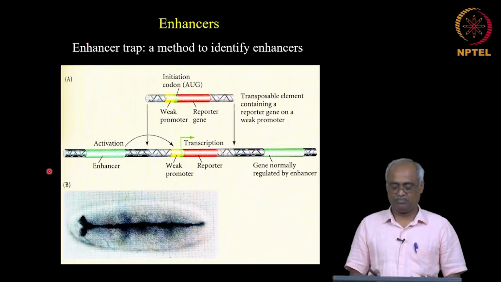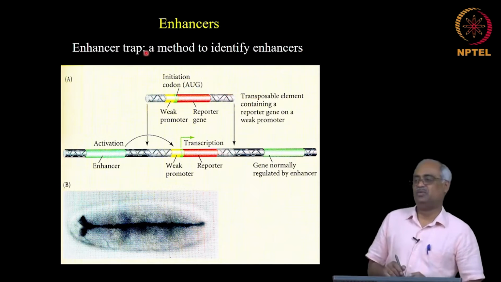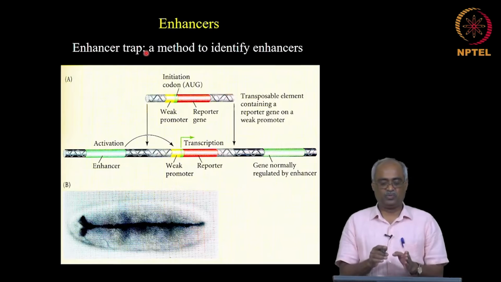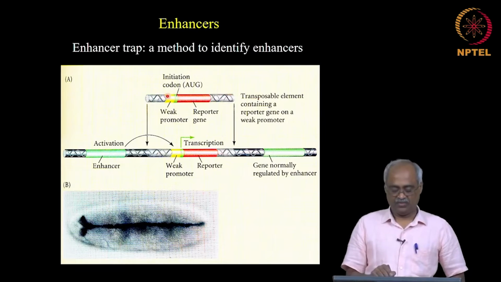Okay. There are many ways by which one identifies enhancers, and here is just one, easy to understand and very powerful, historically very useful technique called enhancer trap. So, what you are actually doing is having a core promoter driving a reporter gene, all of it embedded in a transposable element. Okay.